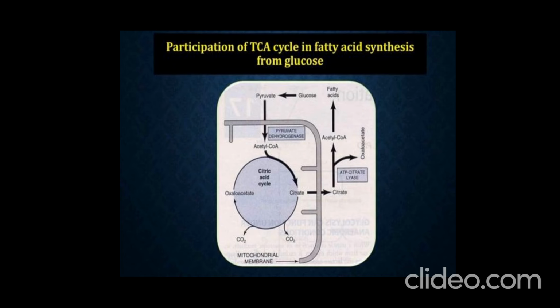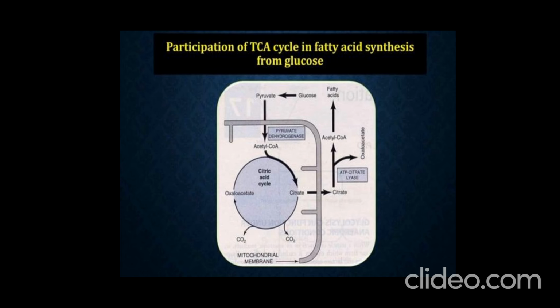And next one, participation of TCA cycle in fatty acid synthesis from glucose. Here it starts from glucose. Glucose is converted to pyruvate. It enters the mitochondrial matrix, and there the citric acid cycle happens, where acetyl-CoA is converted to citrate.